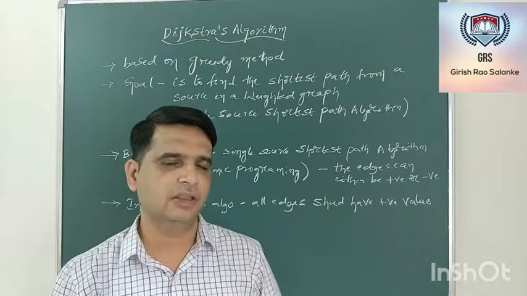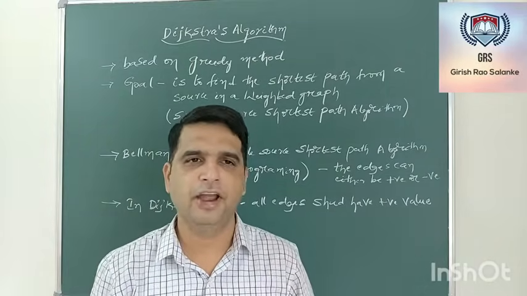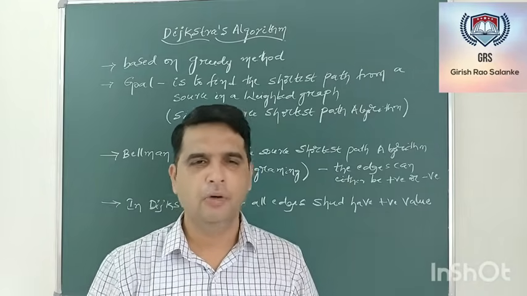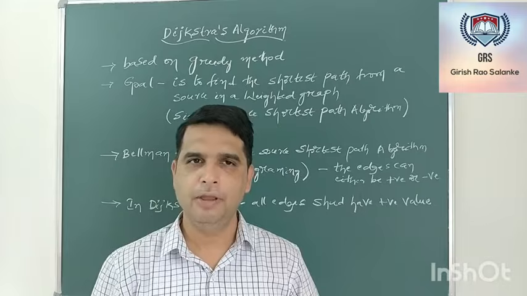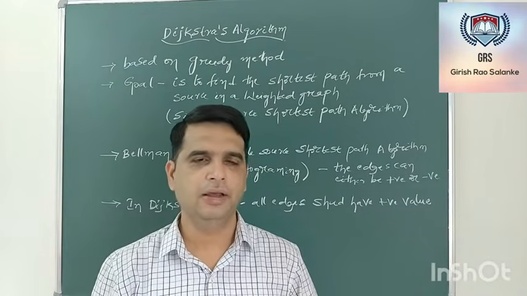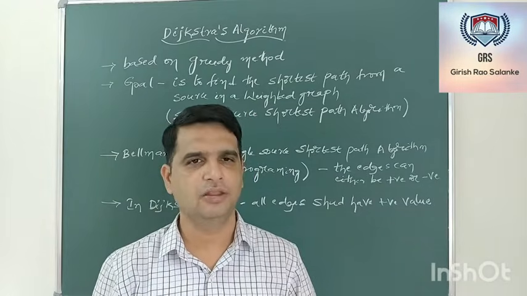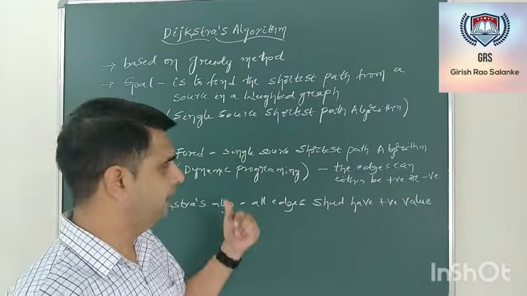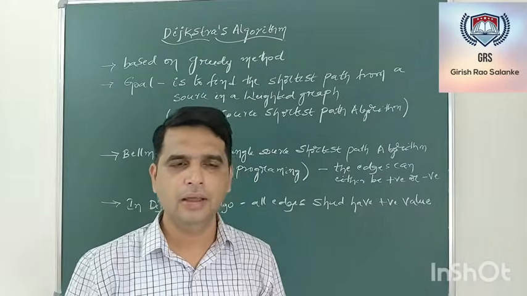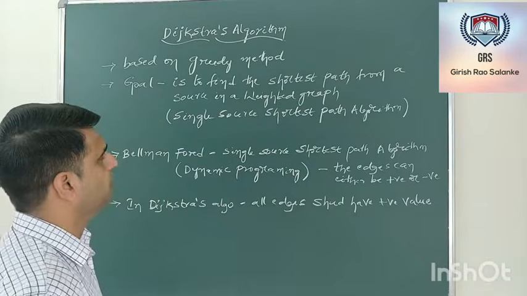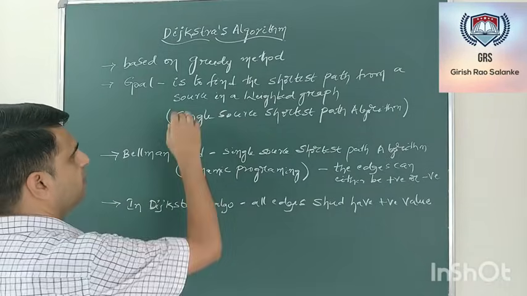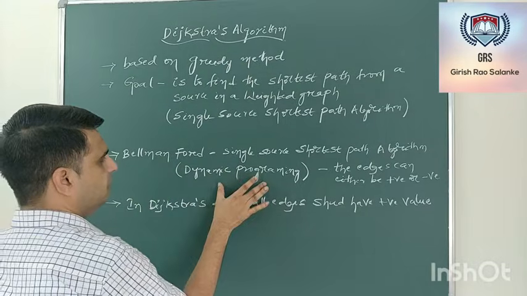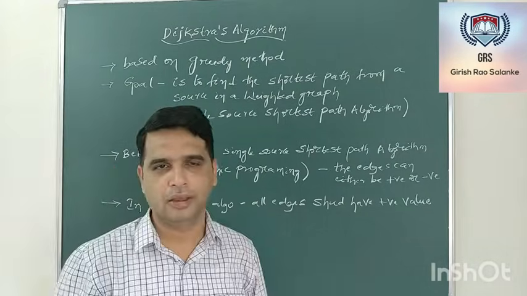Dijkstra's is not the only algorithm which finds the shortest path from a given source vertex. We have one more popular algorithm by the name Bellman-Ford, which is also used to find the shortest path from a given source. But the difference is, in case of Dijkstra's algorithm, the design technique that we use is greedy, whereas in case of Bellman-Ford, we use the concept of dynamic programming.